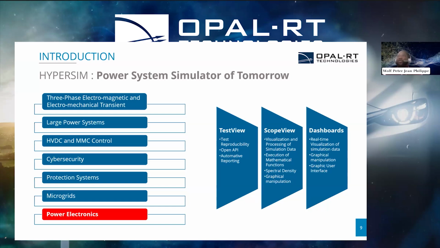And we also have Dashboard. Dashboard is the graphical user interface where you analyze and visualize your data in real time. So you have ScopeView where you can save data and analyze after, and you have Dashboard that you can use in real time, and you can do control buttons, tables, and different types of things that we're going to show later in the demo that we're going to present in this webinar.